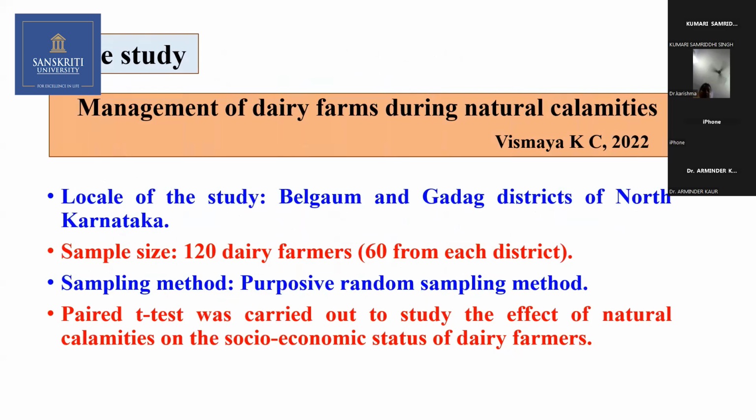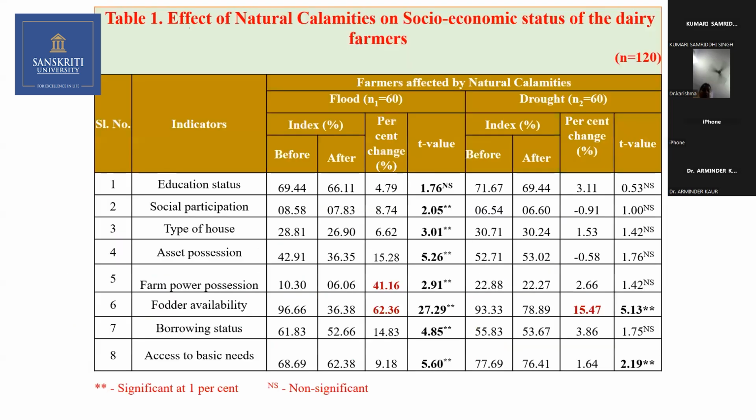Purposive random sampling was used, collecting from farmers who have suffered natural calamities, and a paired t-test was used on the socio-economic status of dairy farmers. You can see the indicators: education status, social participation, type of house, asset position, farm position, fodder availability, borrowing status, access to basic needs. These are the 8 indicators she has studied.